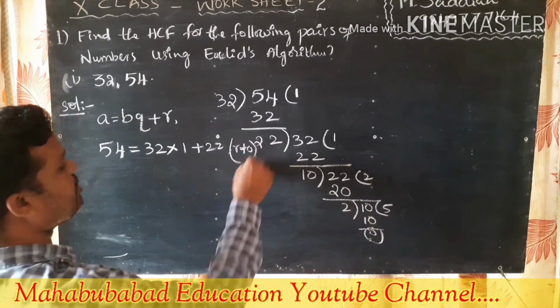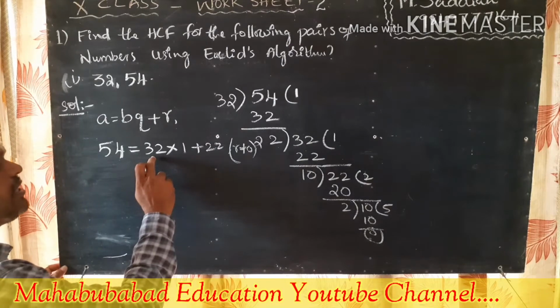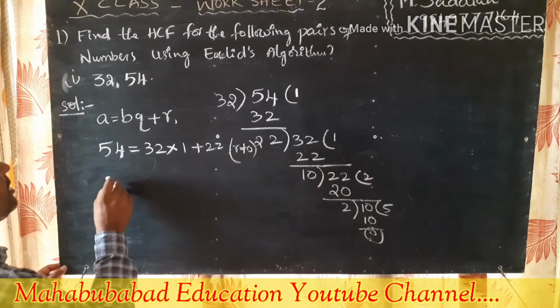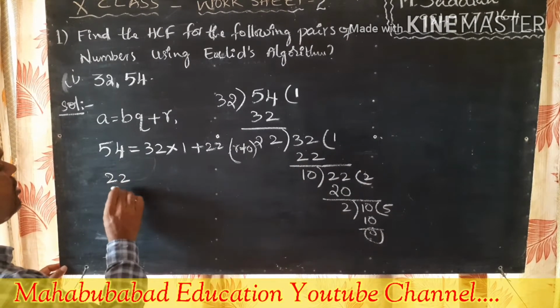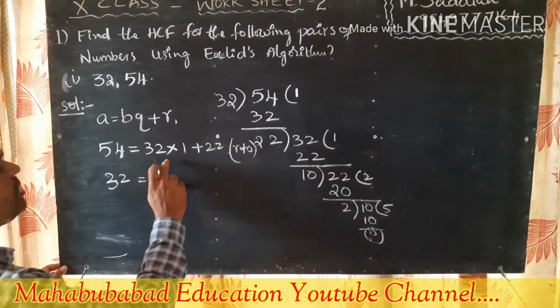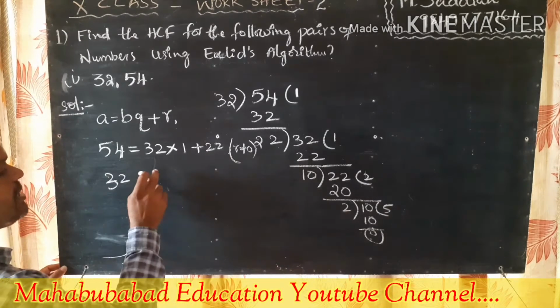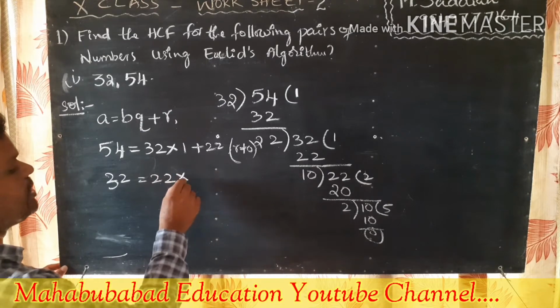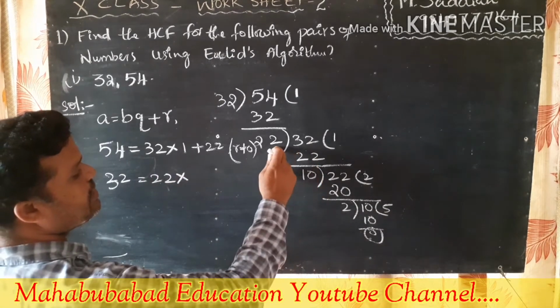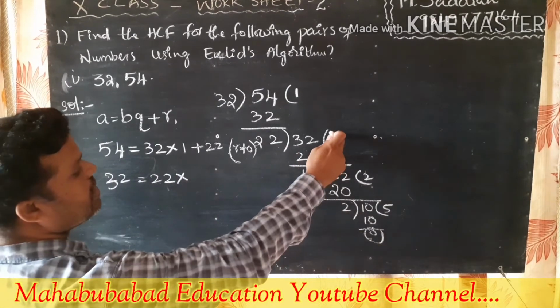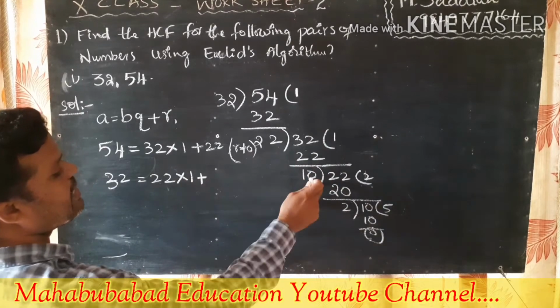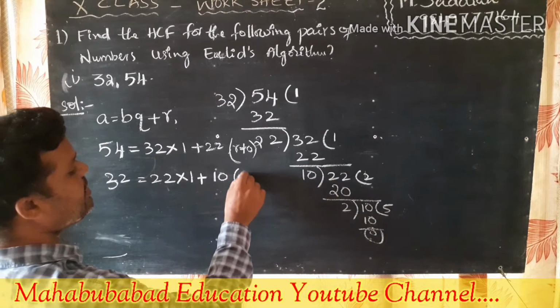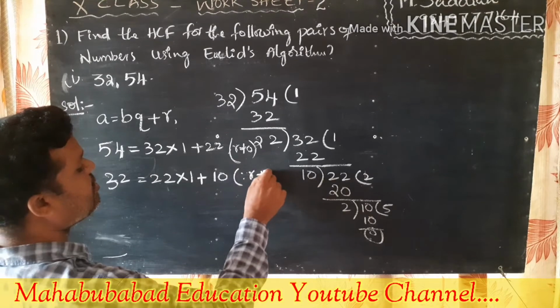Now we will continue the process. Whatever the divisor was becomes the dividend, and the remainder becomes the divisor. So 32 is divided by 22. We get the quotient 1 and the remainder 10. Again the remainder is not equal to 0.